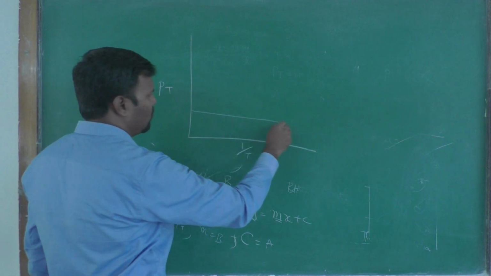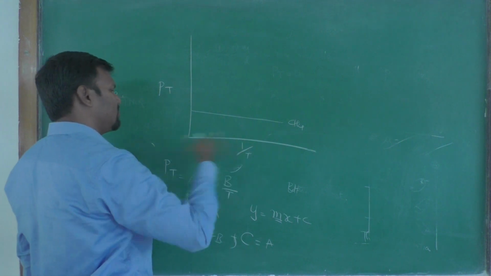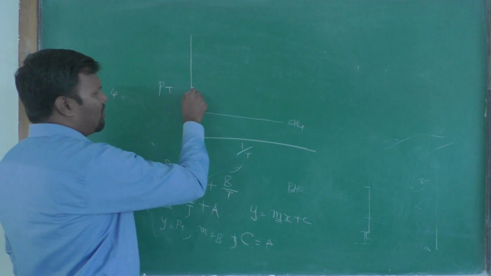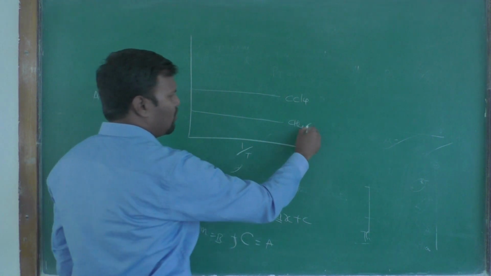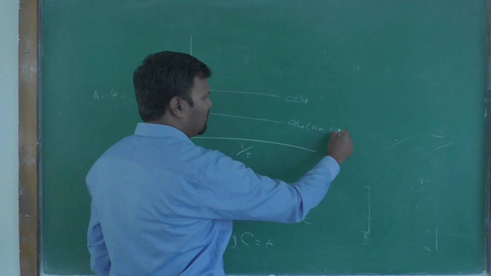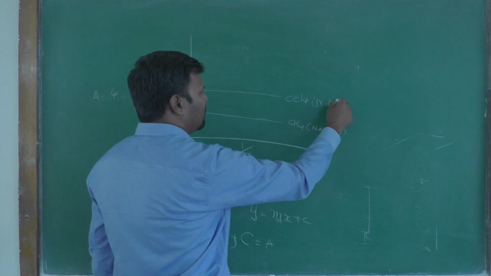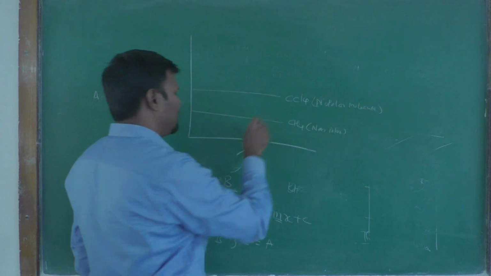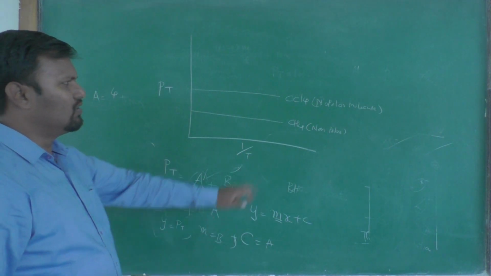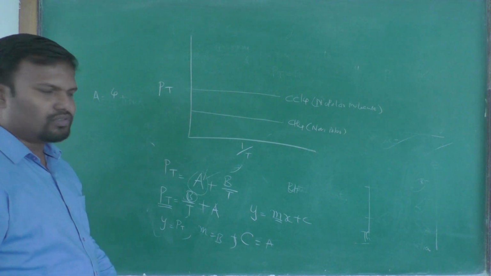For CH4 the line is straight if you increase or decrease temperature, and for CCl4 it is also straight. These are non-polar molecules. For non-polar molecules there is no effect of temperature, and the total polarization remains constant.